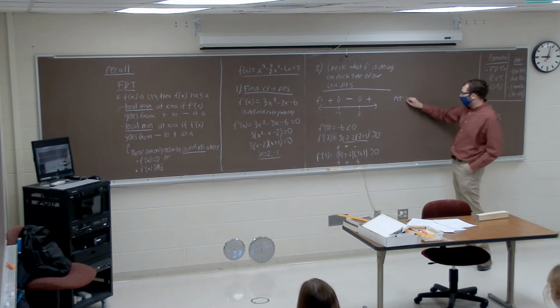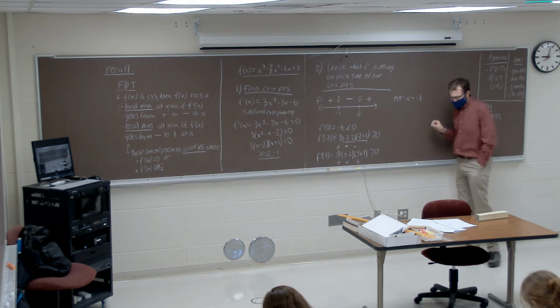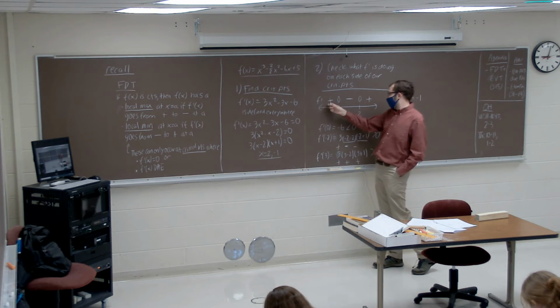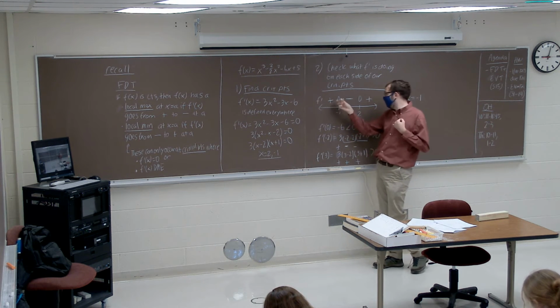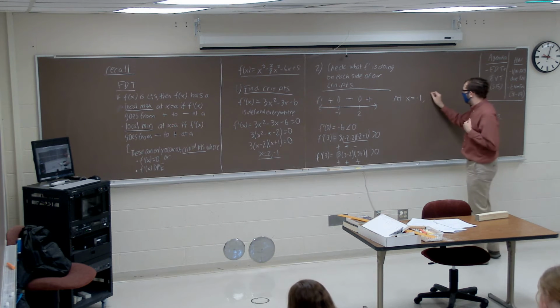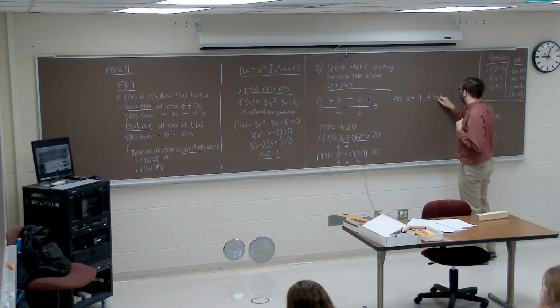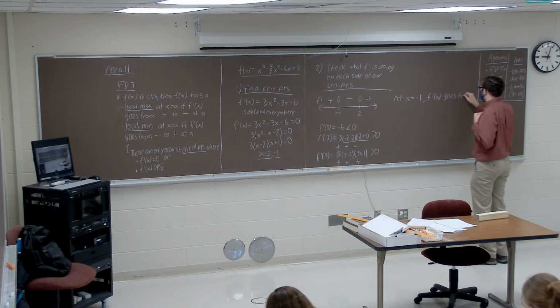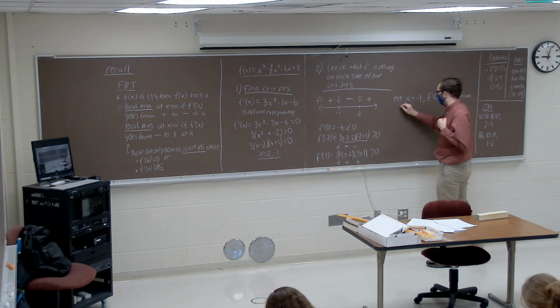Okay, at x equals -1, what's going on with our derivative? F prime is positive to the left of -1 and negative to the right of -1. So we can say at x equals -1, f prime of x goes from being positive to negative.